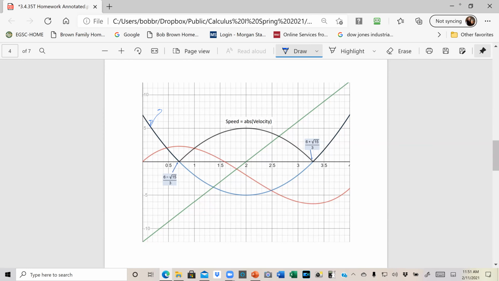And you can obviously see where it's slowing down. It's slowing down here also, slowing down.